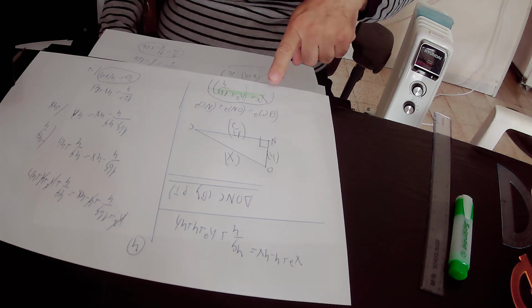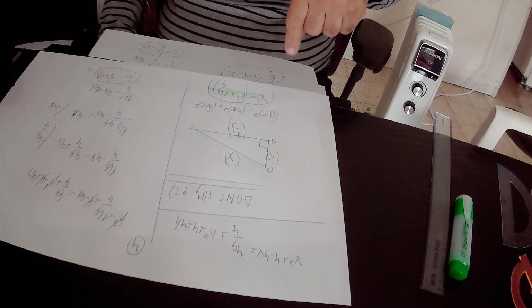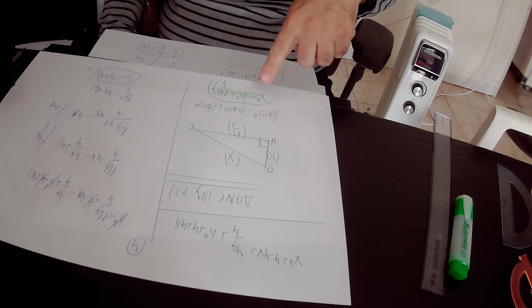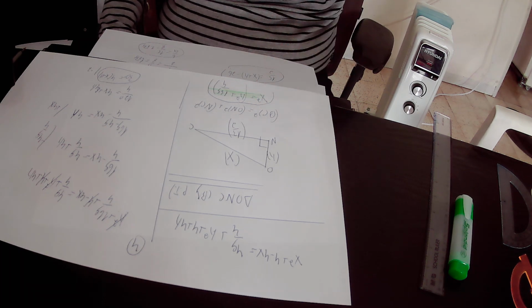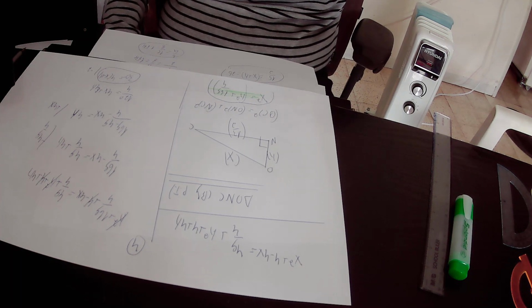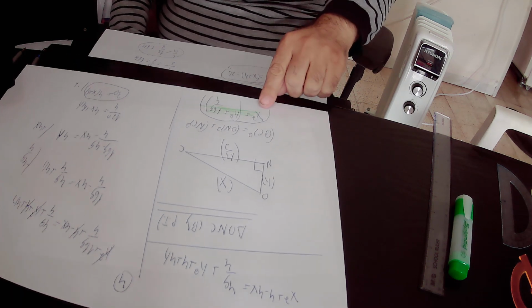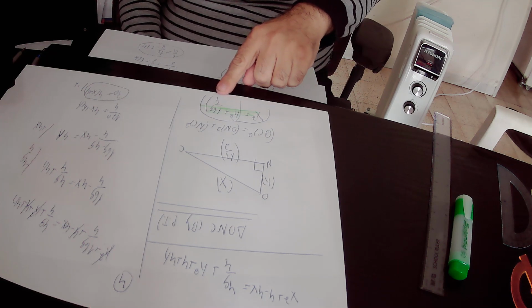OC is x, therefore OC square is x square, and is equal to ON square. ON is h, therefore ON square is h square, plus NC square. NC is 13 over 2, therefore NC square is 13 over 2 square, that is 169 over 4. So in total we found out that x square equals to h square plus 169 over 4.